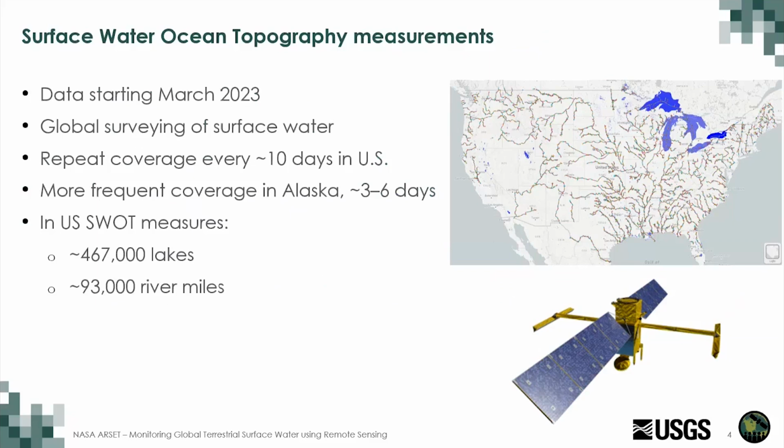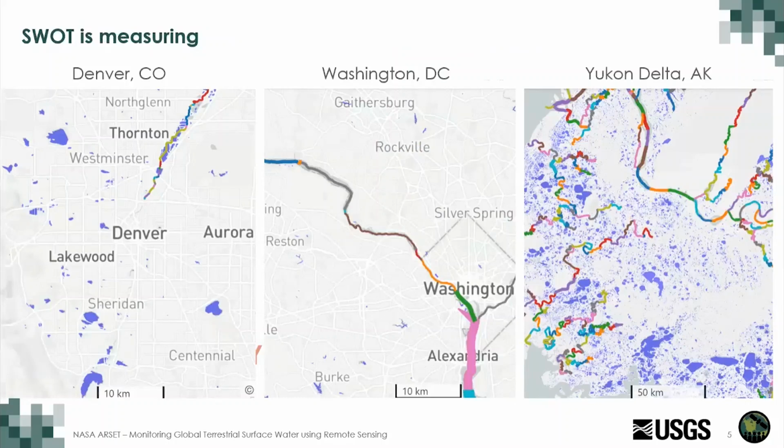In the US alone, SWOT is measuring over 467,000 lakes and reservoirs and over 93,000 river miles, which is greatly increasing the number of water bodies that we have available data for. If we zoom into different parts of the US, we see coverage in Denver, Colorado, for example, where I'm from, showing varying lakes as well as the South Platte River.